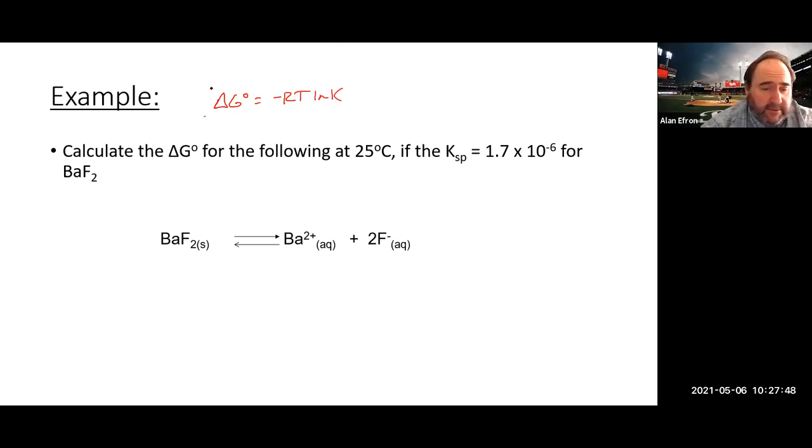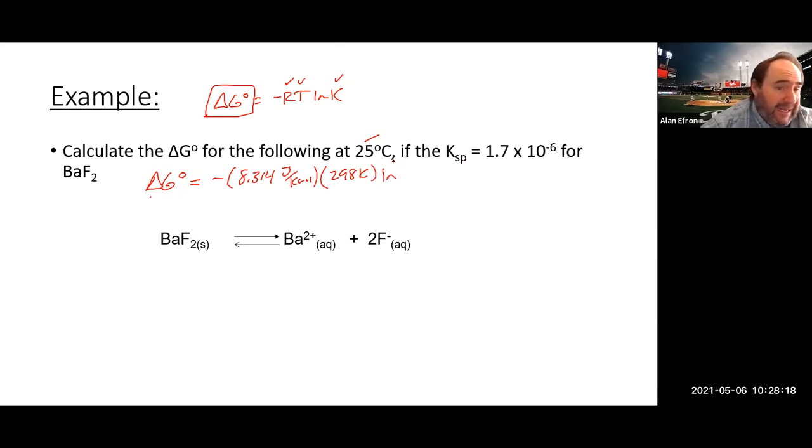In this case, we're actually looking for this one. And we have pretty much everything on this side given to us, so not too bad, just a plug and chug. Delta G naught is equal to minus R, 8.314 joules per Kelvin per mole, times our temperature converted into Kelvin, which is 298, times the natural log of K, which was given to us as a KSP.